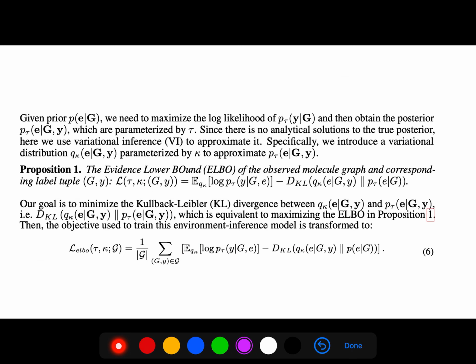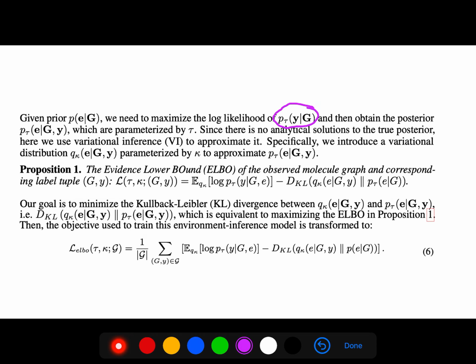So given prior of the environment distribution, we need to maximize the log likelihood of probability of Y conditioned on G, and then obtain the posterior, which is parameterized by tau.